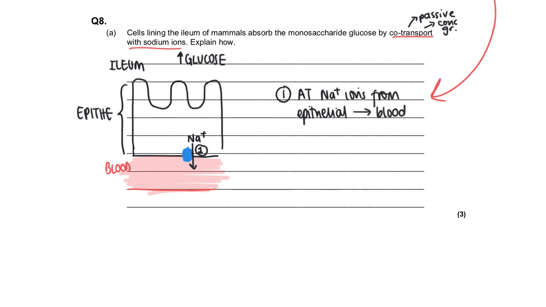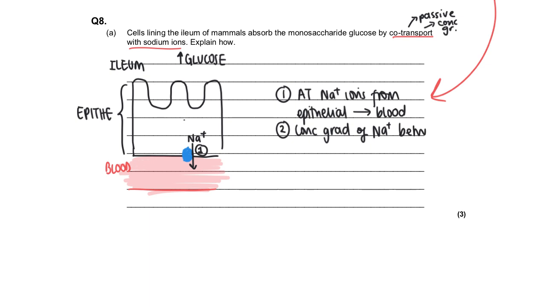This has the effect then of reducing the concentration of sodium inside my epithelial cell. Okay, so then mark 2, we get a concentration gradient of sodium ions between, now we're talking about between the ileum and the epithelial cell.